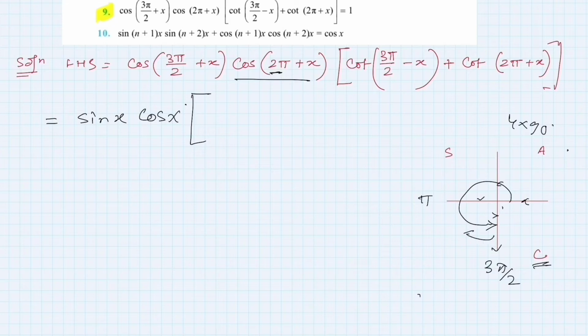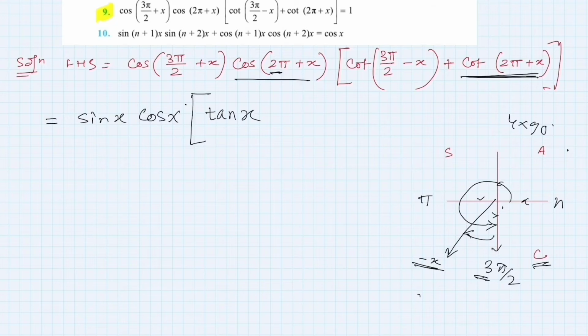Okay, then minus x, subtract x. So in the third quadrant, cot is positive and tan also positive, and here you see as it is an odd multiple of 90, so it must be converted to tan x. Okay, then again the last term is cot(2π + x).